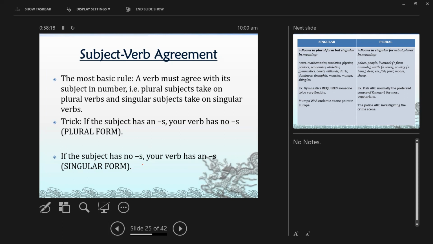And then plays is a singular verb but has an S. He plays outside. Now let's change the subject. They play or plays outside. They play outside because we changed the subject into plural. So then we remove the S from the verb play and then outside.